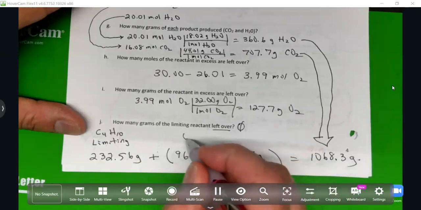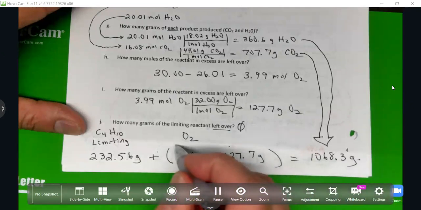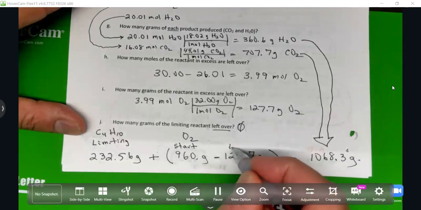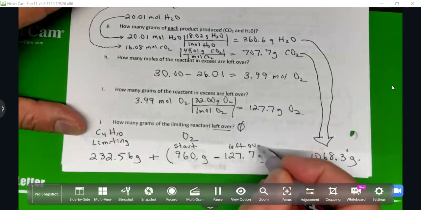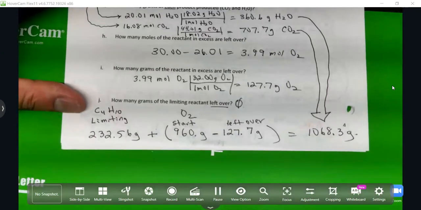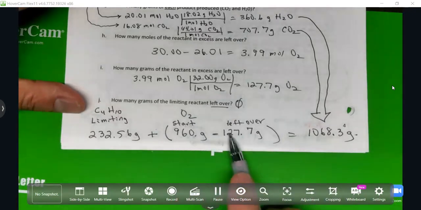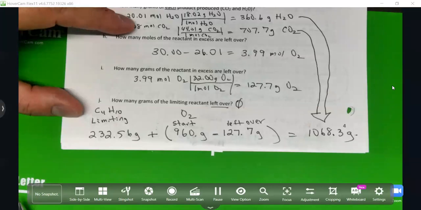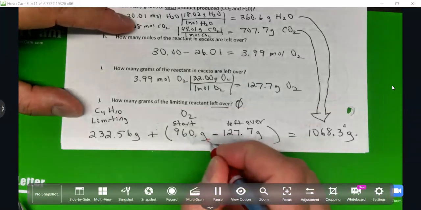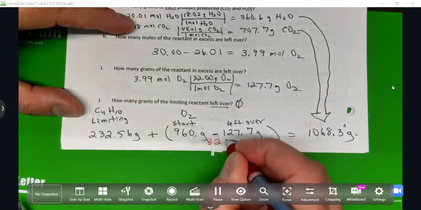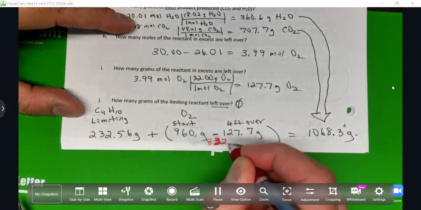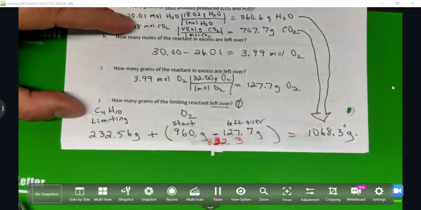So this is the O2. This is the start grams. This is left over. So of the reactant in excess, if we subtract this out, I think we get 832.3.